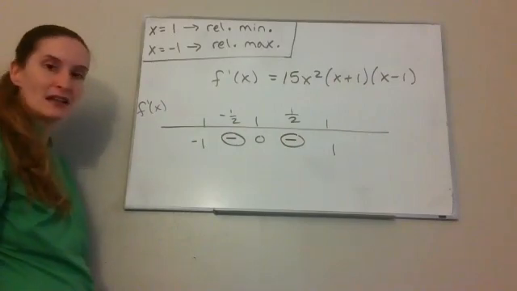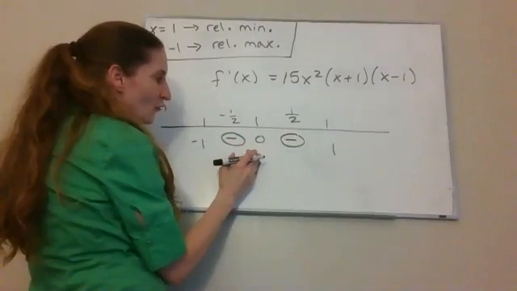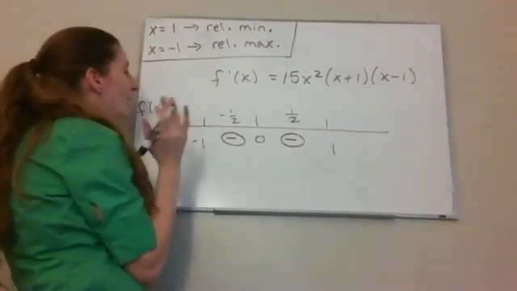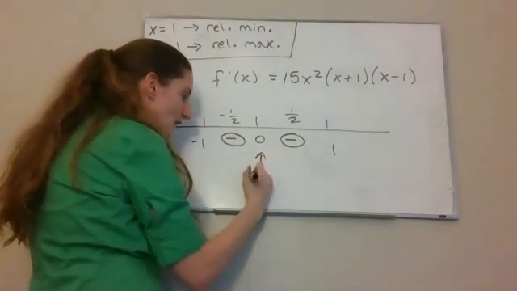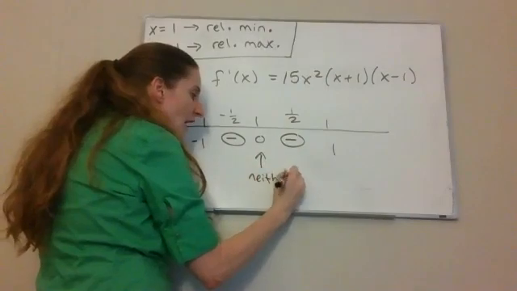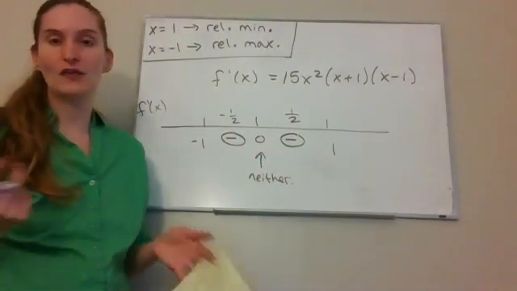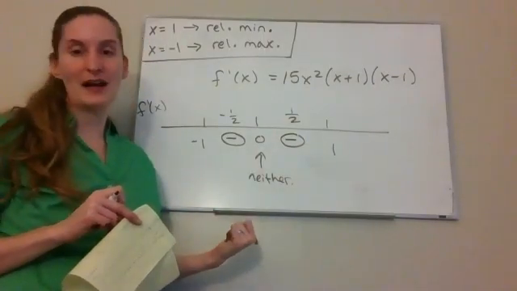So is this a max or is this a min? Well, it's neither. I'm decreasing before 0 and I continue decreasing after 0. So my only relative extrema are the two we already found. This is neither. I could not tell from the second derivative test. That was inconclusive. But I can tell with the first derivative test that this is neither a max nor a min.